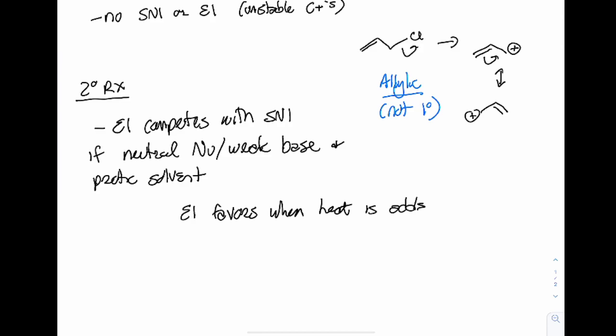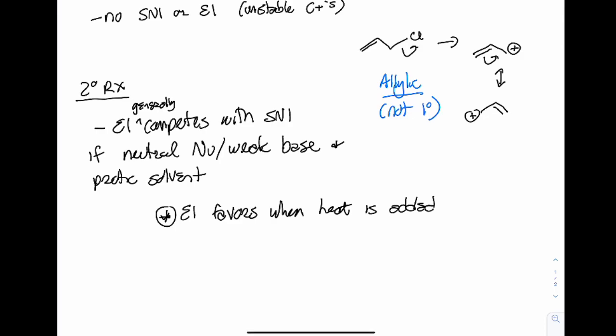So if I give you a secondary alkyl halide, water, and then I add heat to it, I'm really just looking for the E1 product this time. So they don't always compete. Generally they do, with some exceptions, and one is if heat is added.